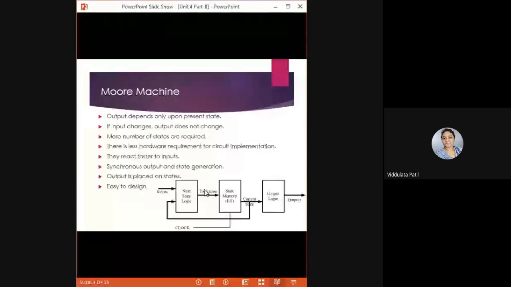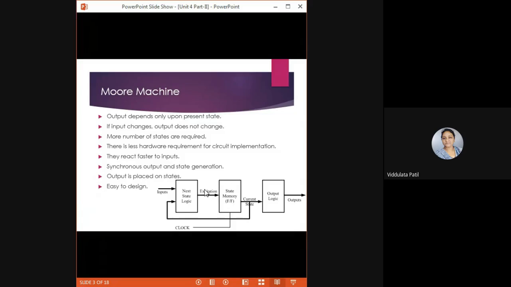Here, when we are considering a Moore machine, it will require more number of states as compared to the Mealy machine that we are going to discuss afterwards. But the advantage of a Moore machine is that it will require less hardware as compared to a Mealy machine, because output depends only on the current state.